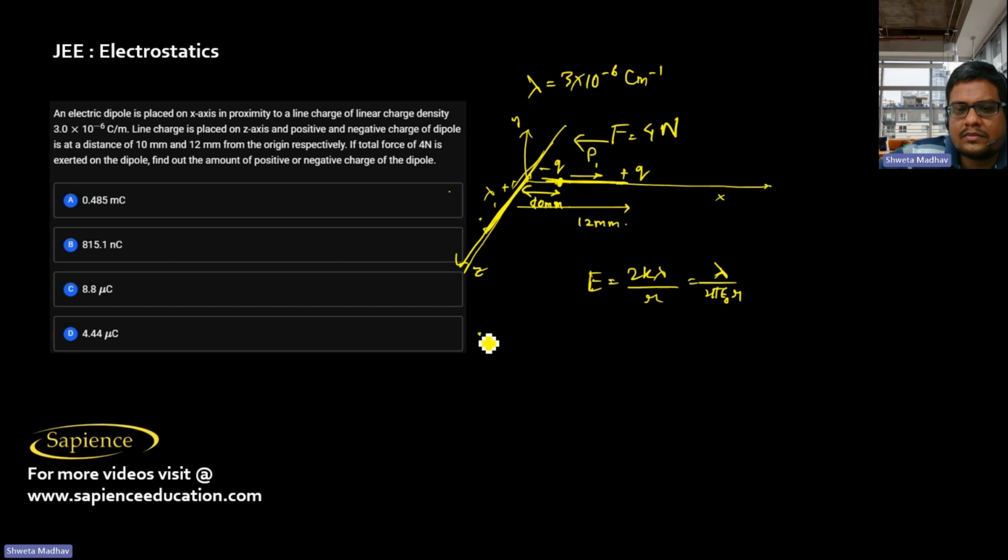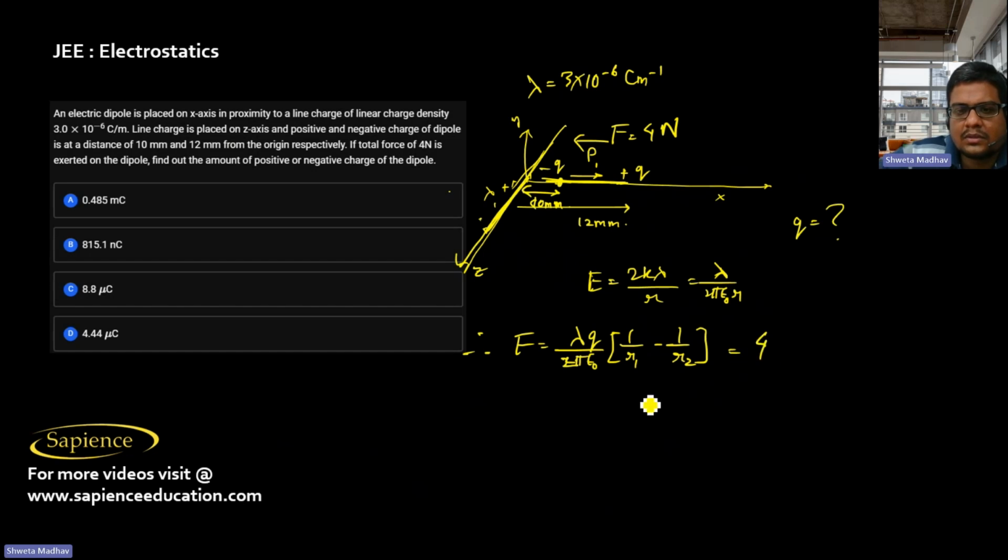Therefore, the net force that will be exerted: one is on the positive charge, that will be repulsive, on the negative charge that will be attractive. So this will be lambda q by 2 pi epsilon naught into 1 by R1 minus 1 by R2. Q I have to find out.